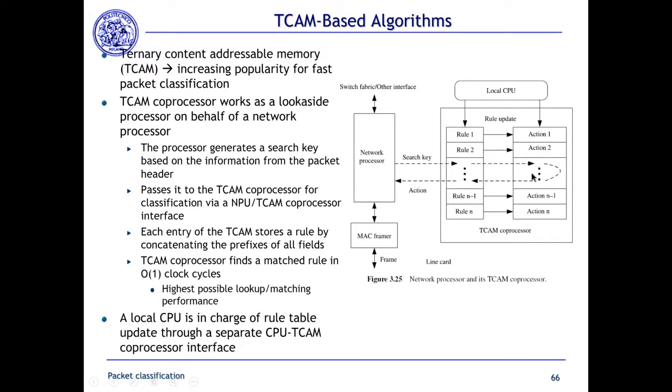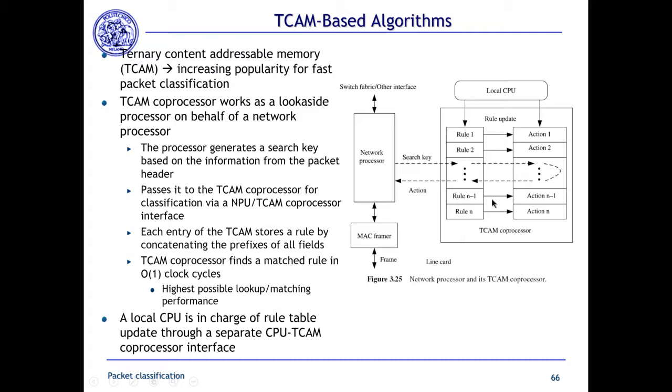Once you arrive at the TCAM with the received header, which is used as a search key into the TCAM, you find a set of matching rules, as we found a set of matching prefixes in the previous case. There must be some way of arbitrating between the rules, considering priority.